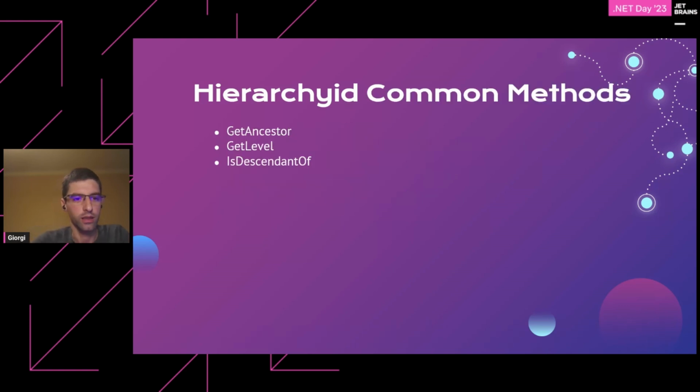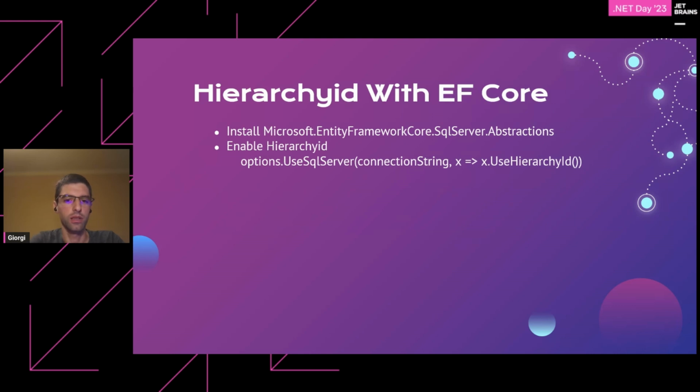The hierarchy ID type comes with some helpful methods, as I said, to get ancestors, or get the level of the current item, or get the descendants. So this will help to simplify querying hierarchical data in your database. Entity Framework supports hierarchy ID starting from version 8.